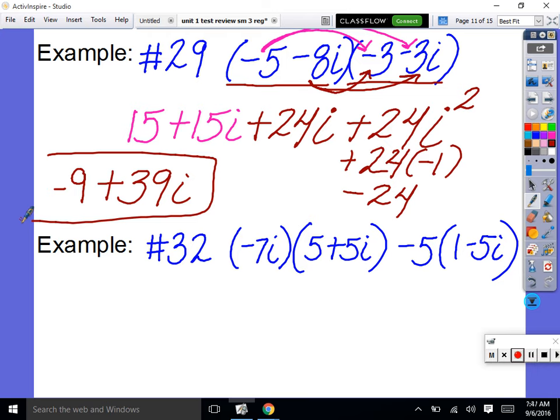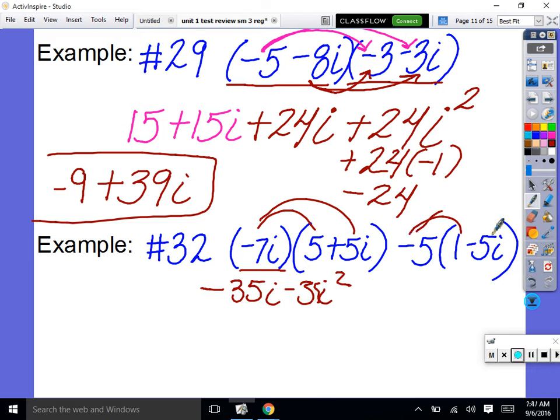Awesome. So with 32, we would multiply a negative 7i to both of those, right? So that'd be negative 35i, and then it will be negative 35i squared, correct? Negative 7i times positive 5i. And then right here we distribute that negative 5 in, so we'll have minus 5 plus 25i. So then combining, let's change our i squared to negative 1 first.